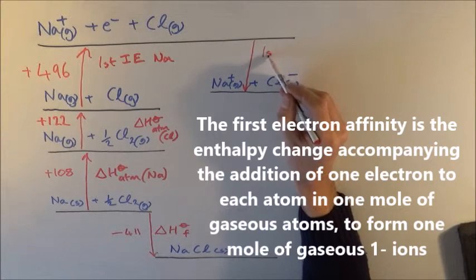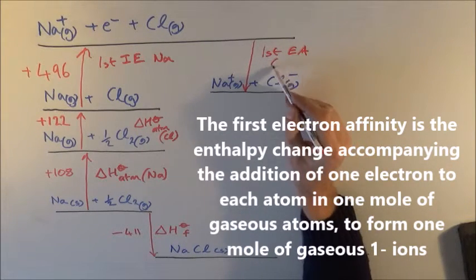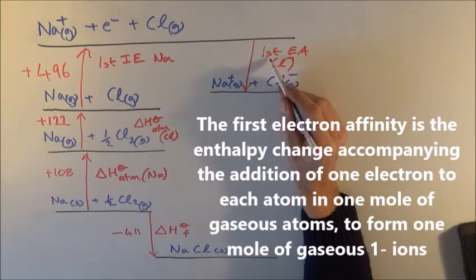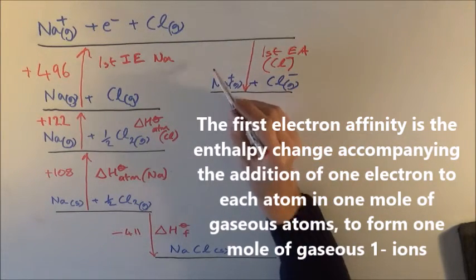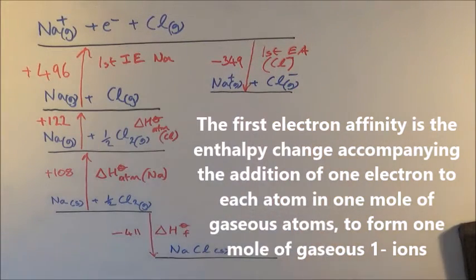Sorry, just chlorine, not chloride, I'll put that in brackets. And that is minus 349. So it's intuitive. When you add an electron to a chlorine atom to fill its shell, it becomes more stable, lower in energy, so it's exothermic.